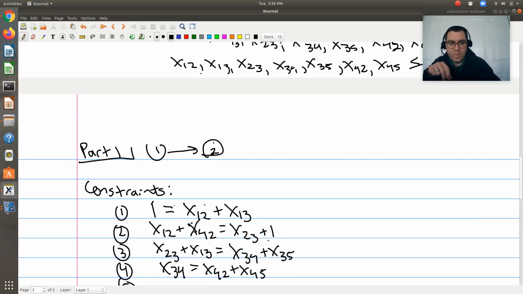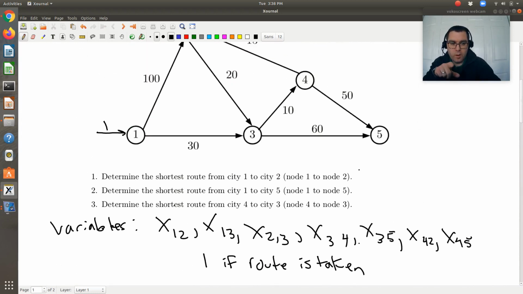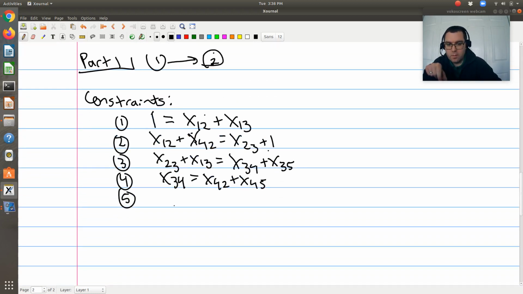Okay, and then node 5, what's coming in? That's x45 plus x35. Okay, and I've got a typo here. It looks like I'm going to have to fix this. No, there's 42 and 45. No, I take it back.